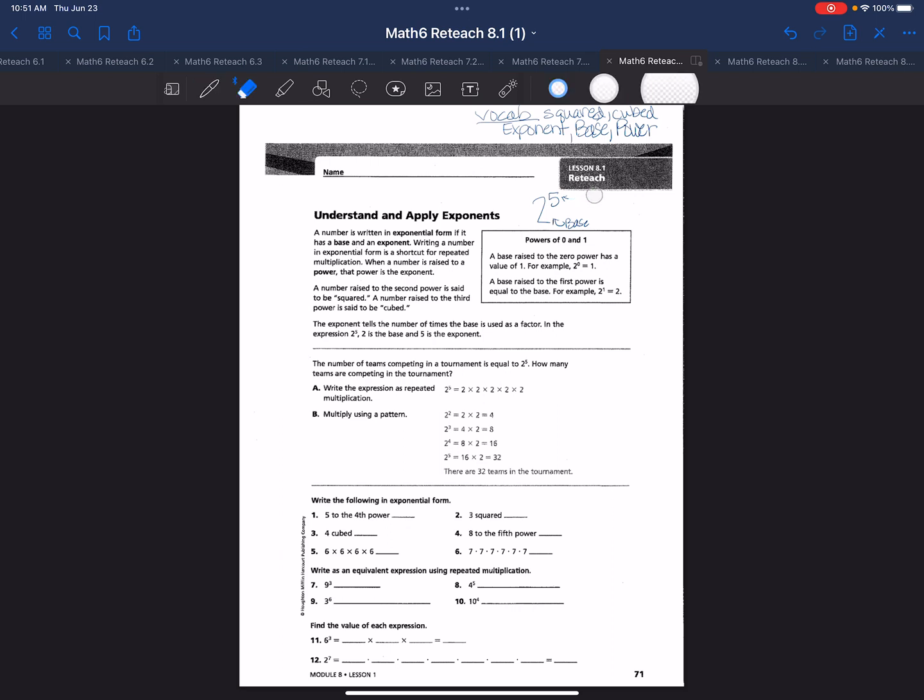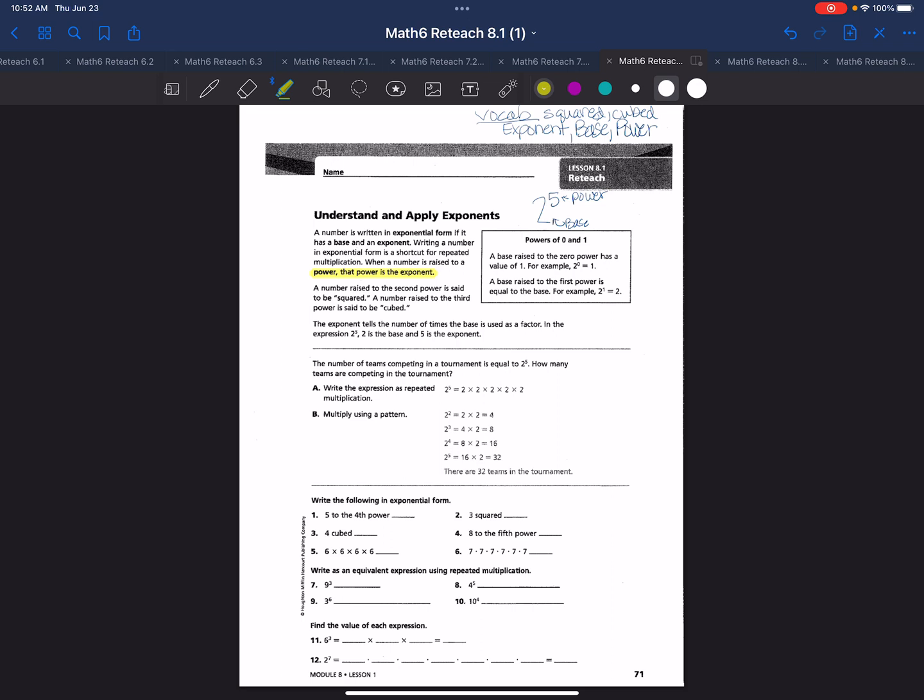This is your power. So it's 2 to the power of 5, and the whole thing written like that is considered exponential form. So when you have a number raised to a power, the power is the exponent.